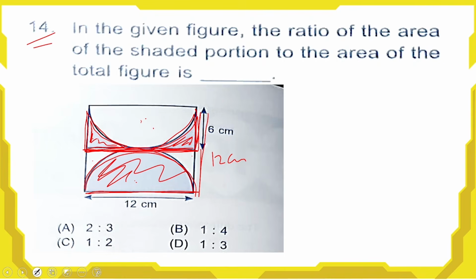Then how can we find the area? Here we have to first find the total area of the square. Total area is 12 into 12, because the edges are 12 into 12, that is 144 centimeter square. That is the total area. And for the shaded part, we can say that half of the area is shaded and half is unshaded. Understood now?